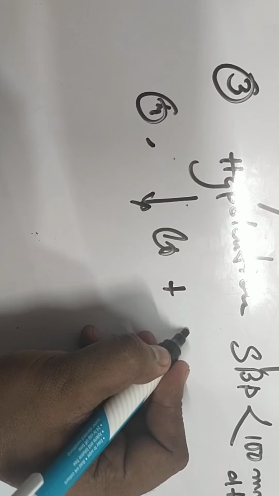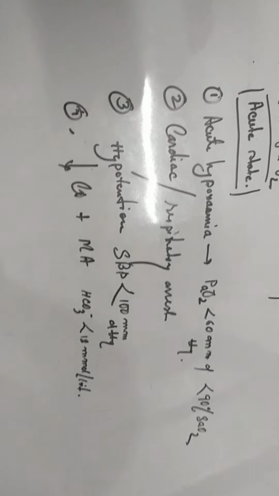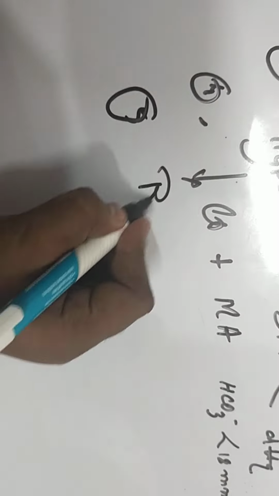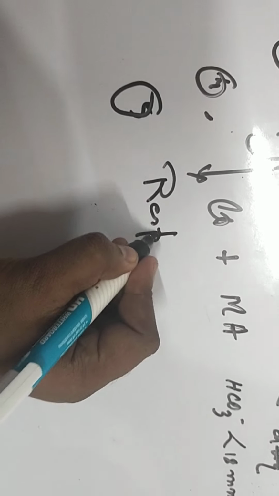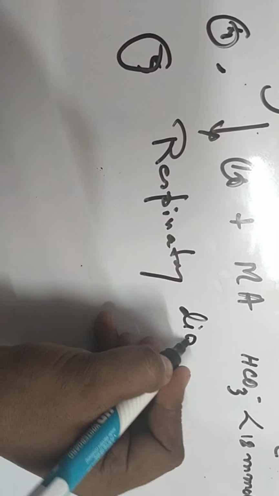Now, severe metabolic acidosis where bicarbonate level is less than 18 millimole per liter. Where the patient is having respiratory distress, respiratory rate more than 24 per minute.